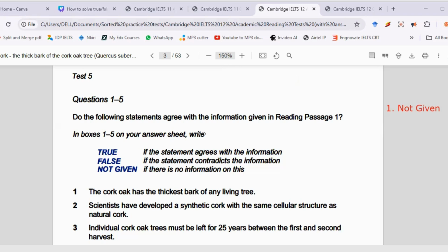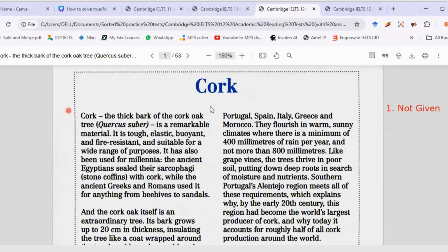No, it can't be false. Why is it not false? For you to say it's false, there's a clear contradiction. Let me tell you why it is not false. If the statement says that the cork oak has the thickest bark, and you pick false, what you are basically telling the examiner is that there is something in this passage that tells you that the cork oak is not the thickest.